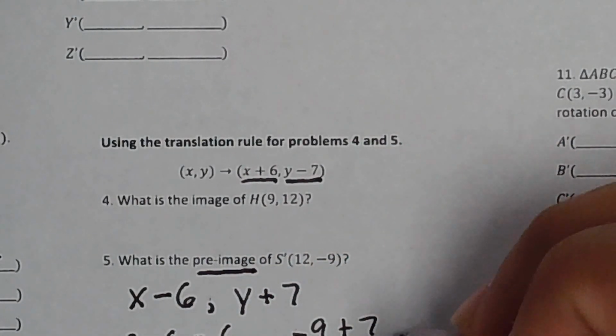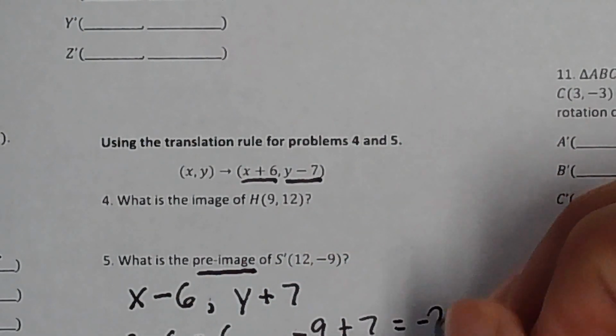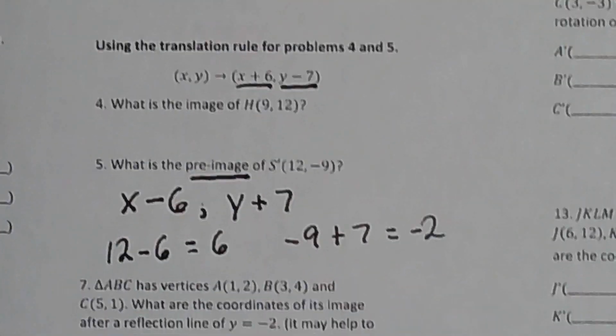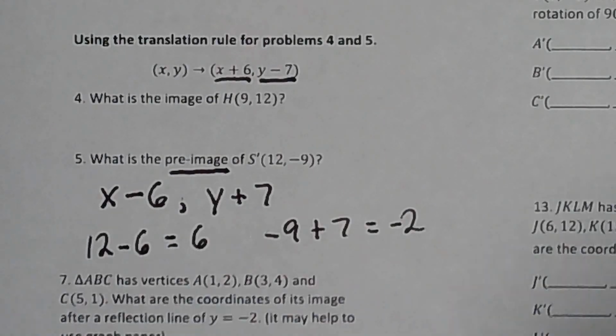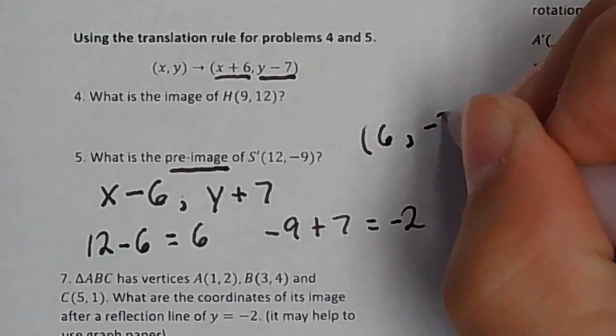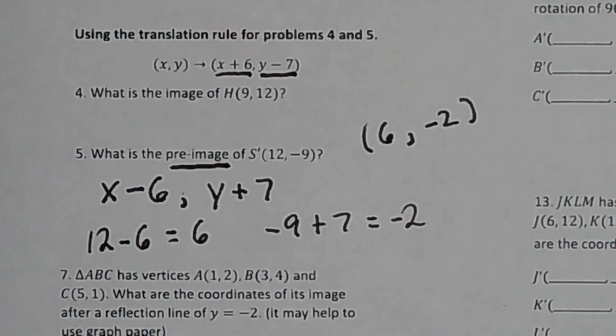And negative 9 plus 7? Negative 2. So then I should have 6, negative 2. That is my point for 5.